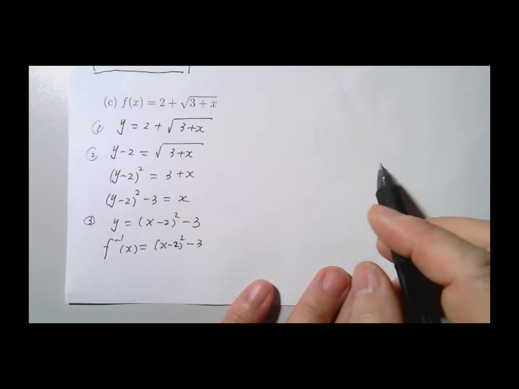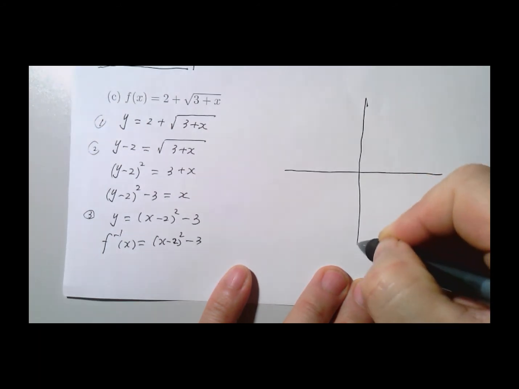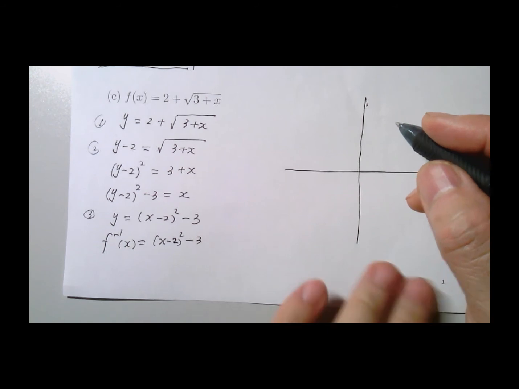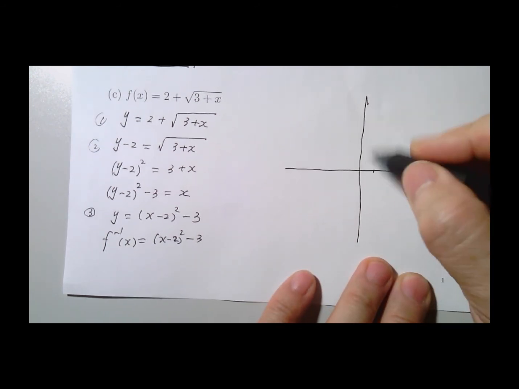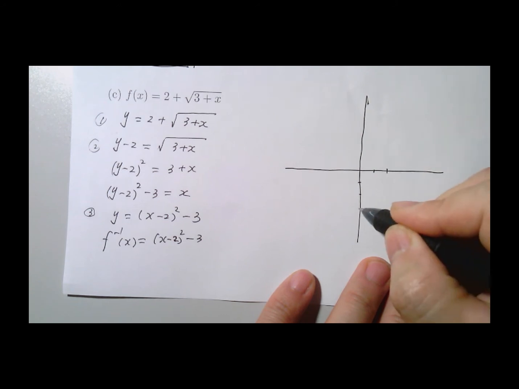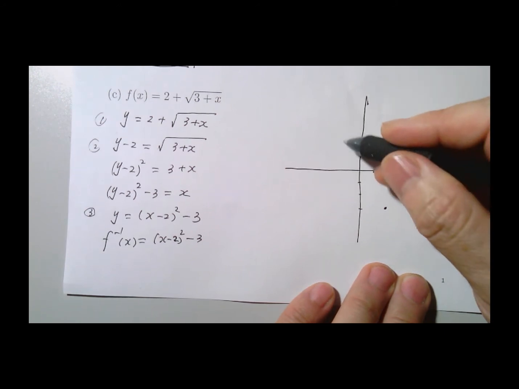If you graph this function, when x equals 2, y equals negative 3, and the graph looks like this.